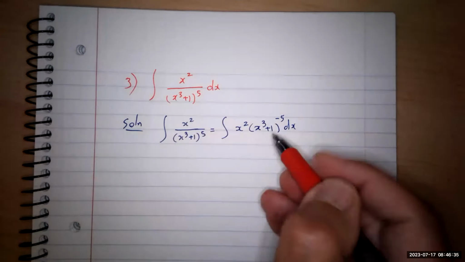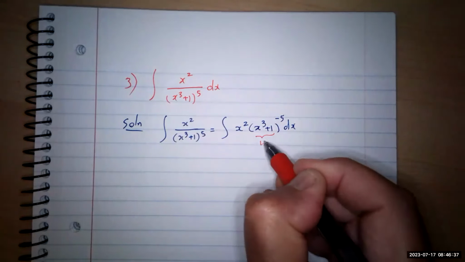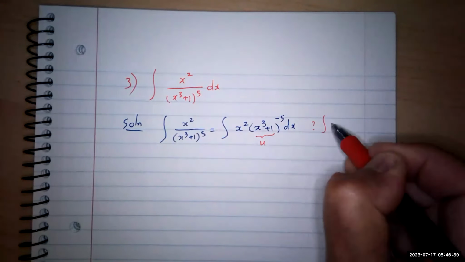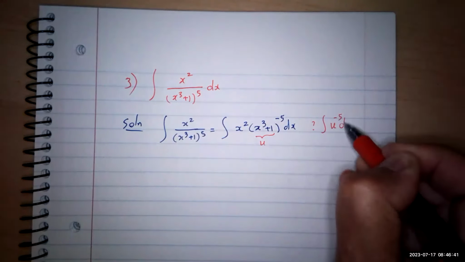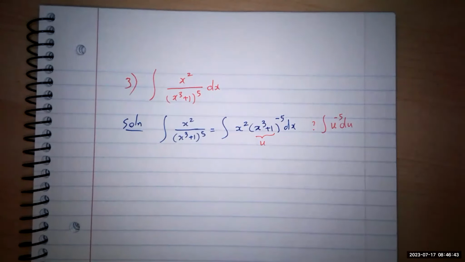That's it. You take this one to be u. What is the target? The target would be u to the -5 du. You see? Because when you do u-substitution, that will help you, since you know that you must get this one. Any question? So remember, you must rewrite it, otherwise you can't do it. You have to move it up.